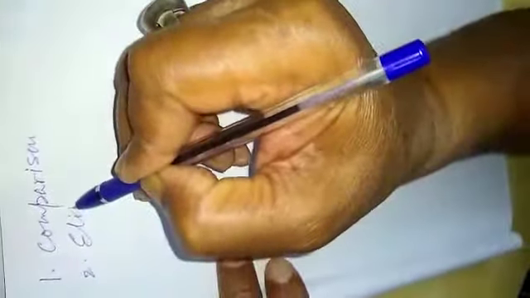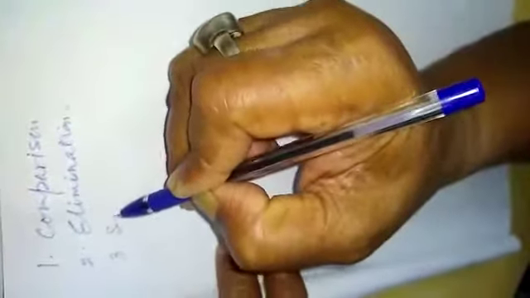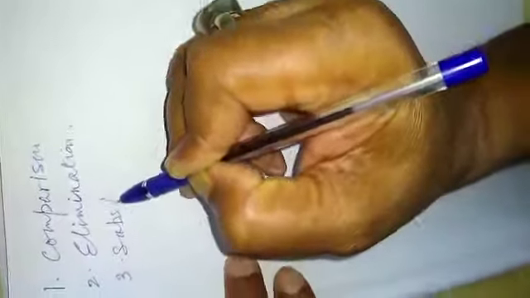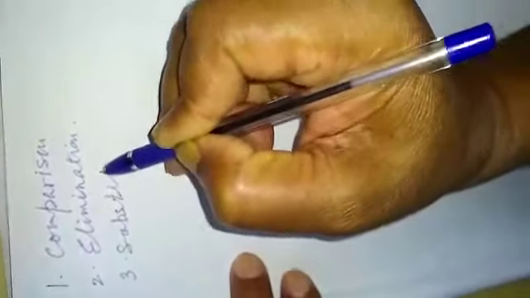Number one is comparison. Number two is elimination. Number three is substitution.